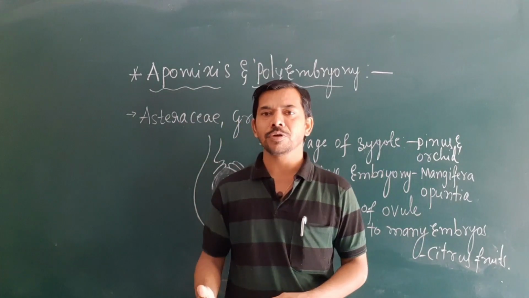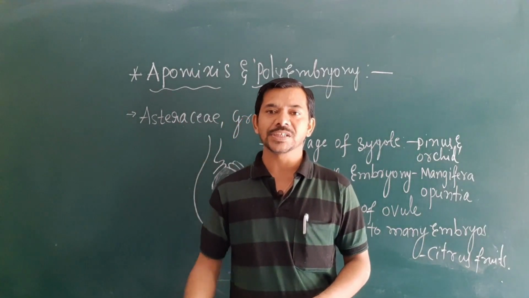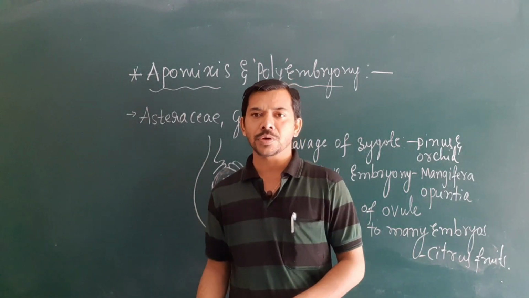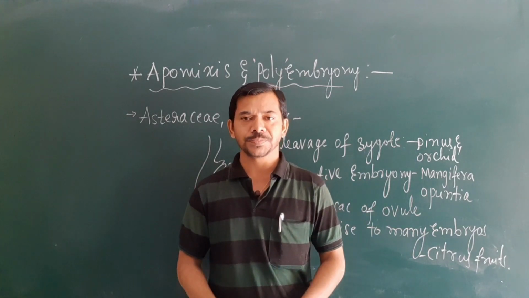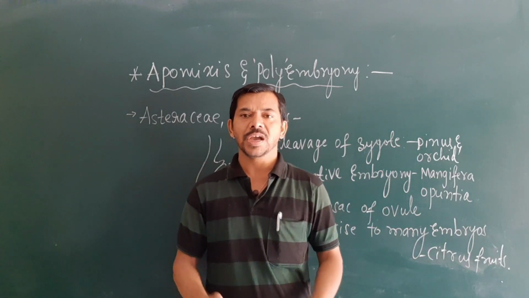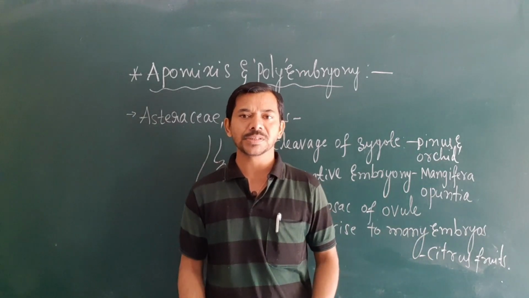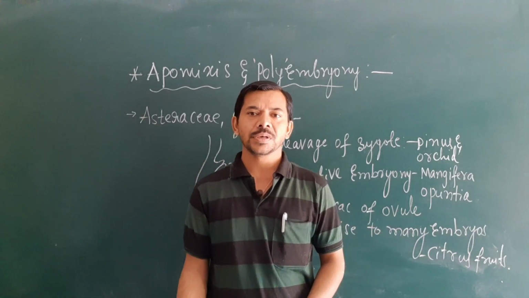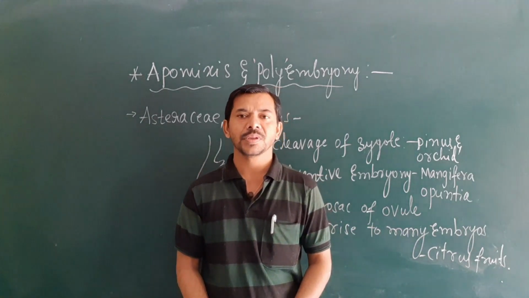These haploid embryos are used to raise homozygous diploids, and adventive embryony is also used to produce genetically uniform crops. That is the reason polyembryony is the best method, and several experiments are going on with this technology to produce seeds using polyembryony.